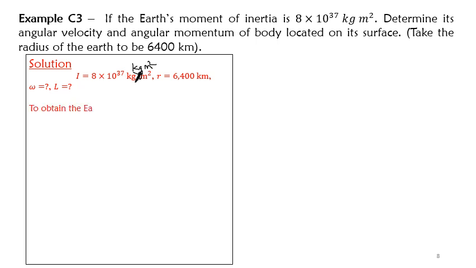So to obtain the Earth's angular velocity, what do we do? We know that theta, which is the angular displacement of the body rotating, is omega t. So from there, omega is equal to theta over t.